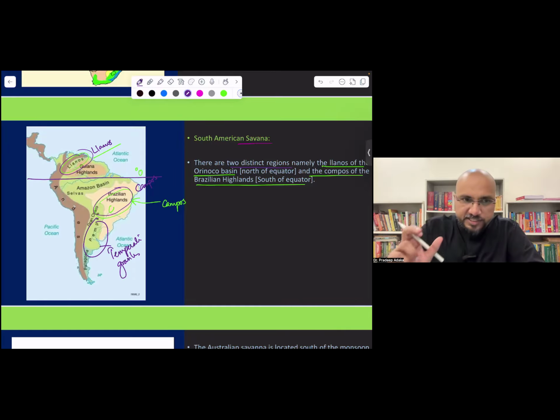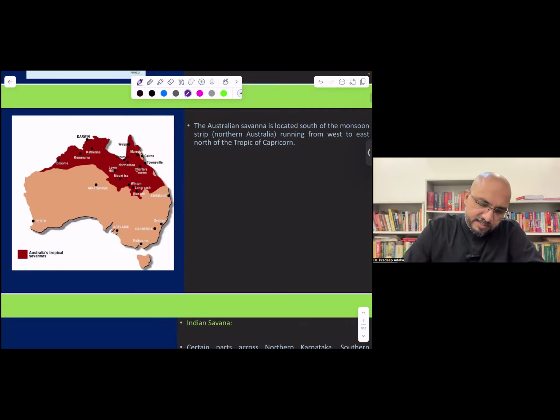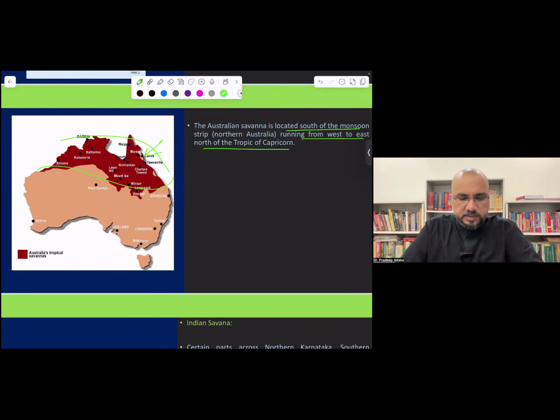So remember the location also. Then the Australian savanna. So it is located south of the monsoon strip in the northern regions of Australia, running from west to east, north of the Tropic of Capricorn. So this entire dark region is the Australian savanna.